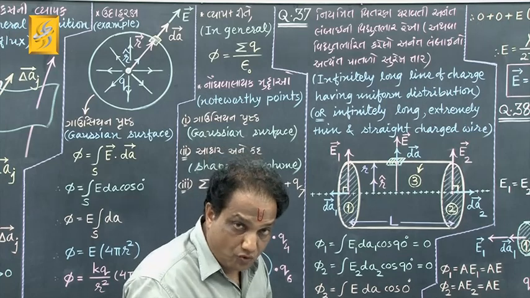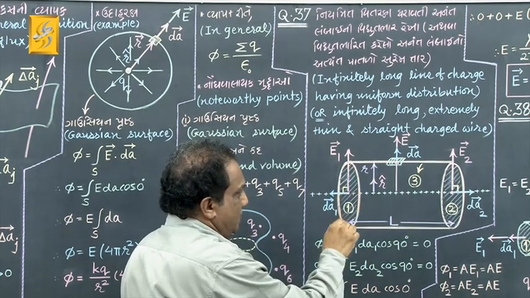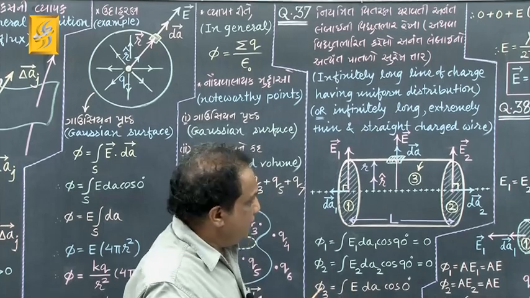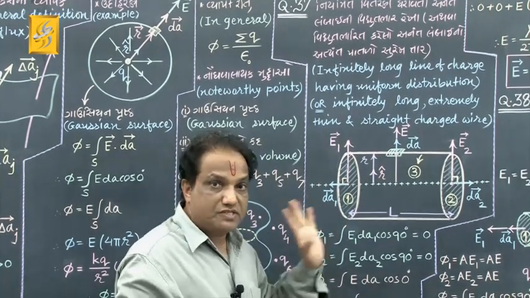For that sake, we consider some convenient Gaussian surface which can enclose some part of this line.